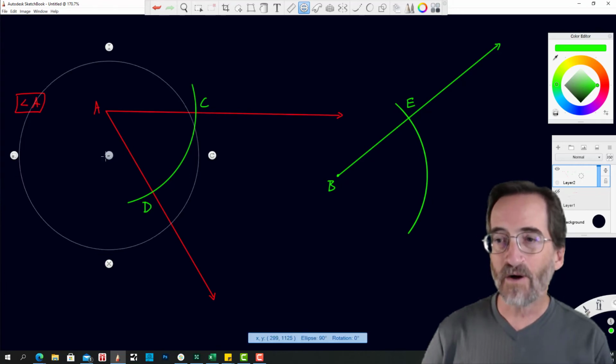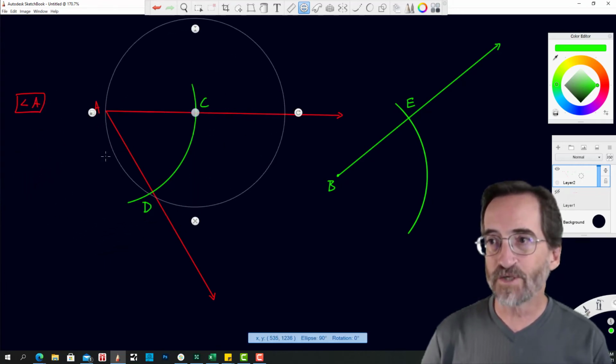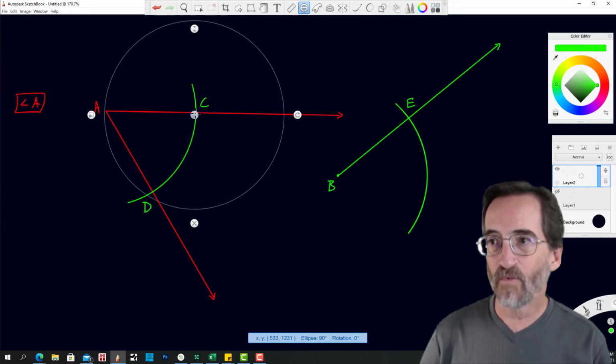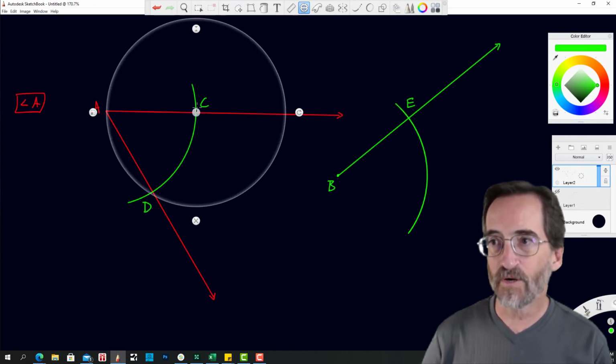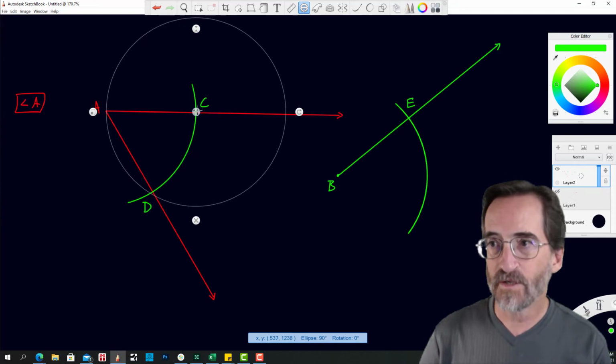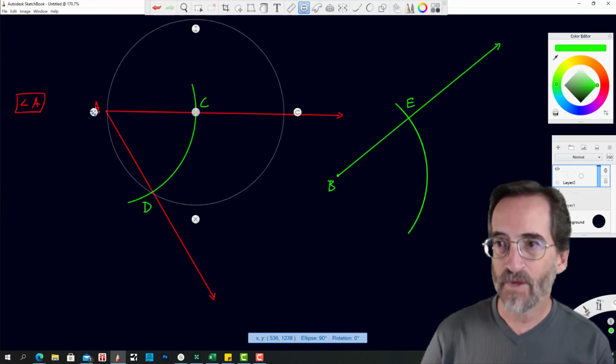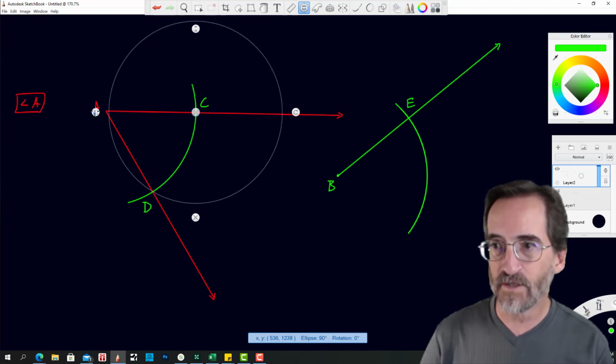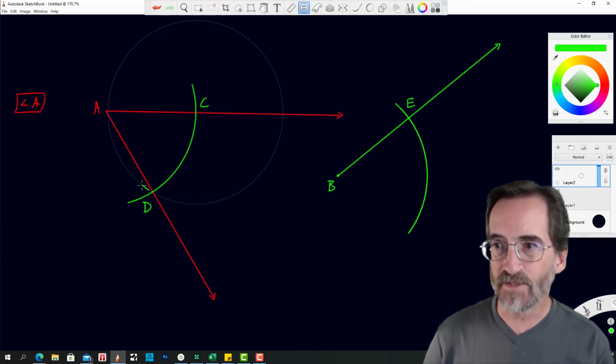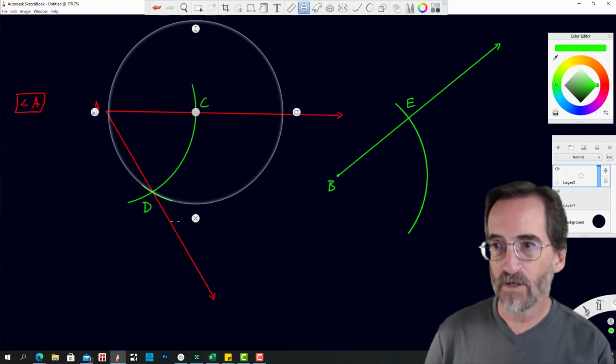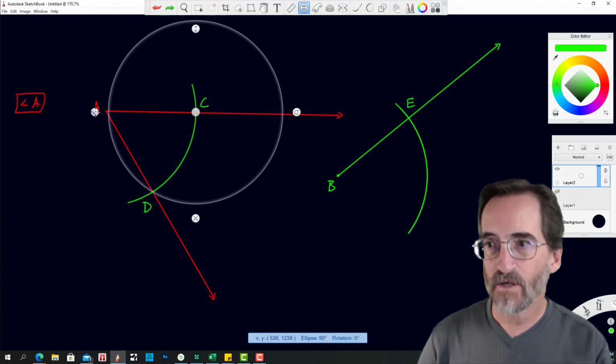So I'm now going to measure, and the way we measure is we put our compass point at C, and we put our pencil on our compass at D, very precisely. And remember, when we measure with a compass, it's important that we draw a little arc. Oh, that's too big.